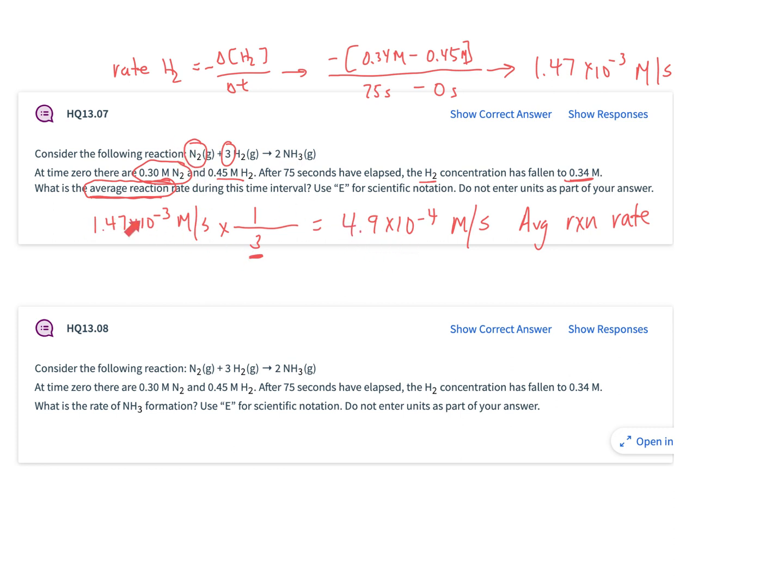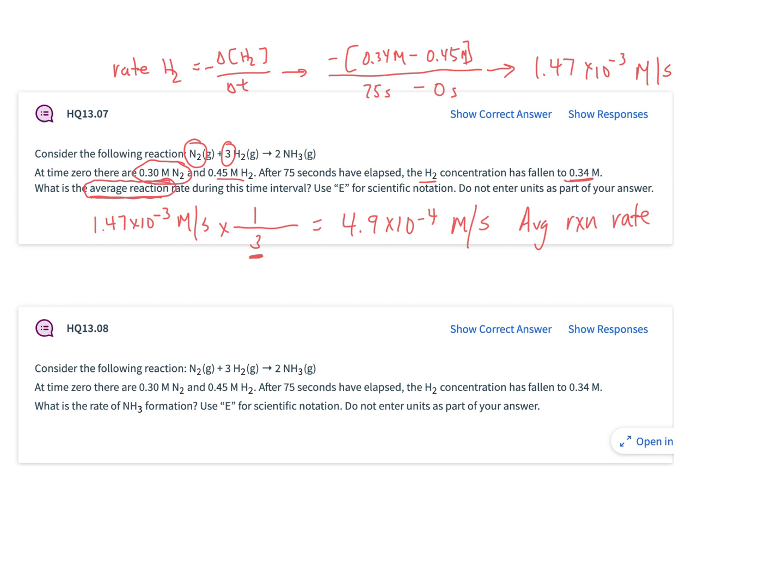Because by dividing this by 3, we're setting our coefficient, basically equal to 1. So the relative rate with respect to nitrogen and the average rate would be the same in this case. But we found the rate of hydrogen first, divided by the coefficient to find our average rate of the reaction.